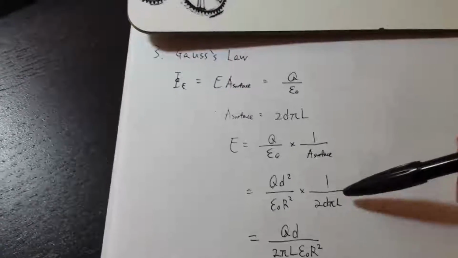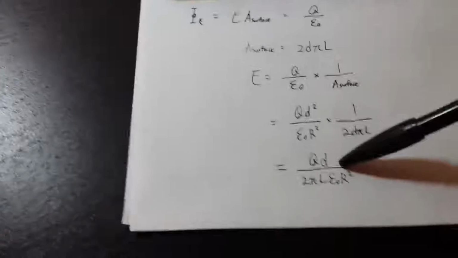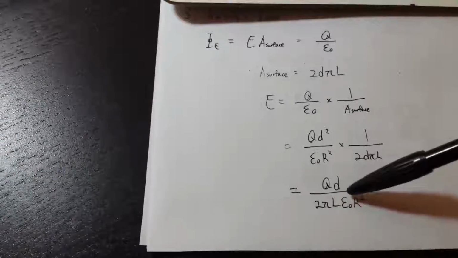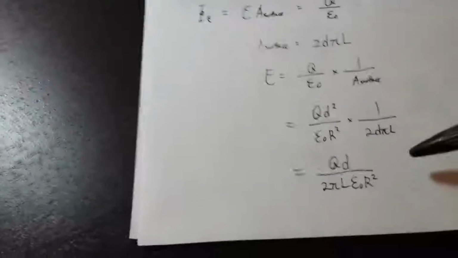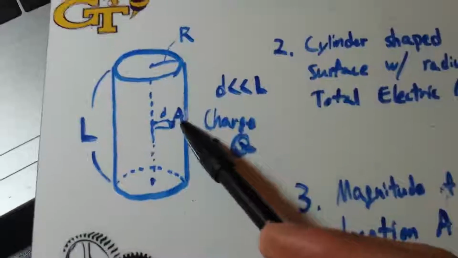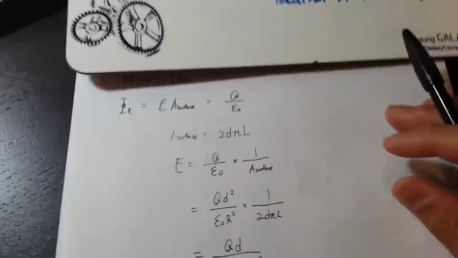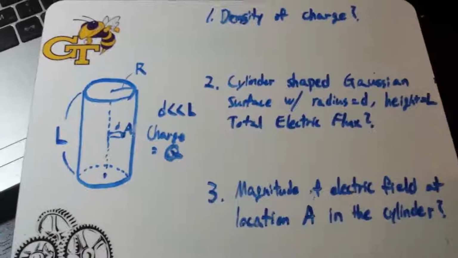Solving that, it simplifies to Q times d over 2 pi L epsilon naught r squared. That is the magnitude of the electric field at location A in the cylinder. That answers part 3 of the question.